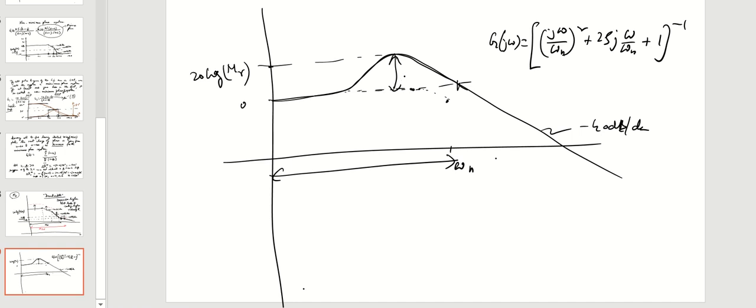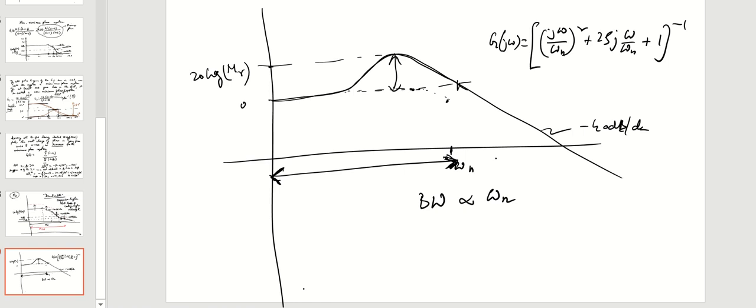So the point is, if you increase bandwidth, it implies that omega n is larger. What does that essentially tell you? The bandwidth is proportional to omega n.